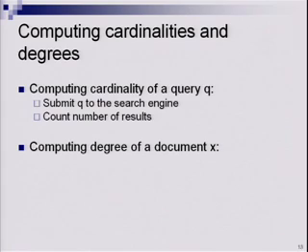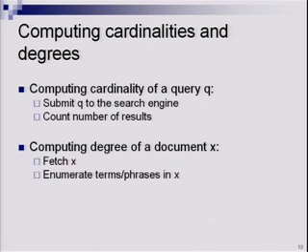How do you compute the degree of a document? This is somewhat more tricky. If you assume the pool consists, say, just of terms or phrase queries, then you could do that. Suppose our pool is just terms, like the example we had. So we just enumerate over all terms in the document. We fetch the document, enumerate all terms in the document, and see which ones of them belong to our pool.